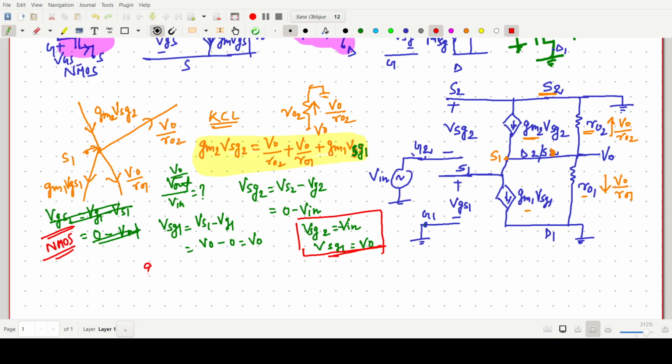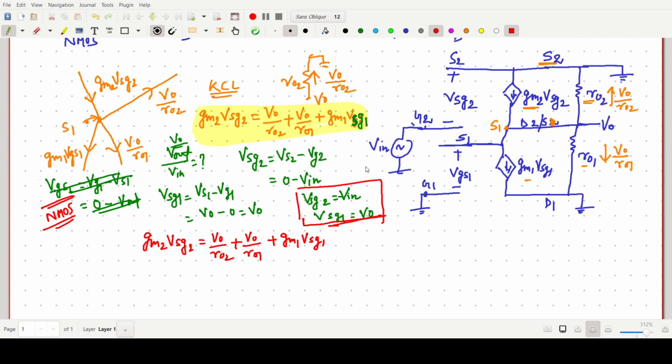I am writing this one: gm2 VSG2 equals V naught by R naught 2 plus V naught by R naught 1 plus gm1 VSG1. Again I am writing, because last time I made a mistake.